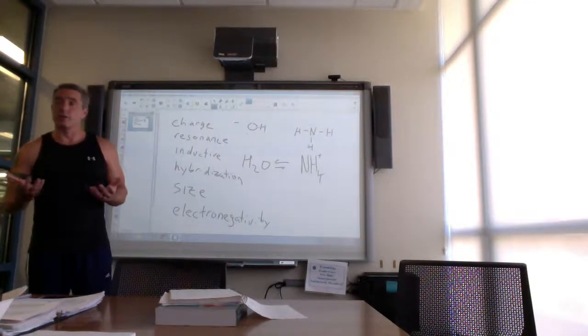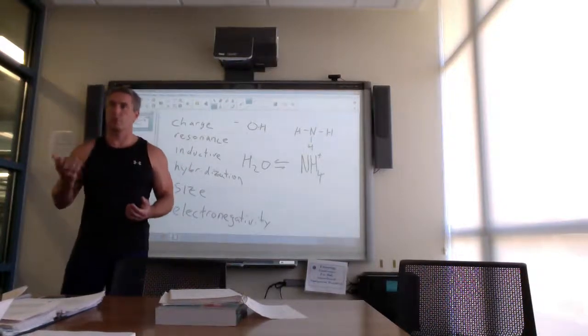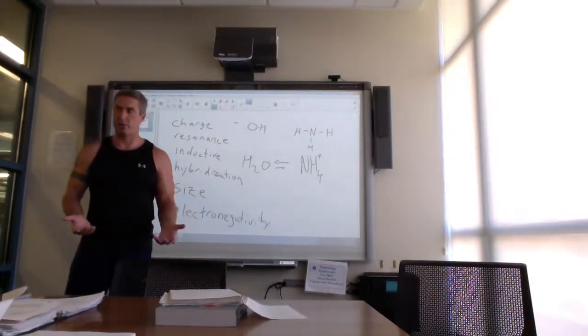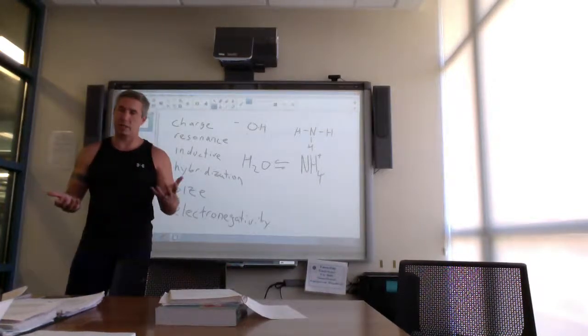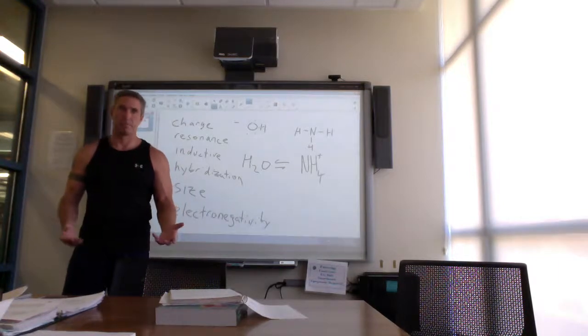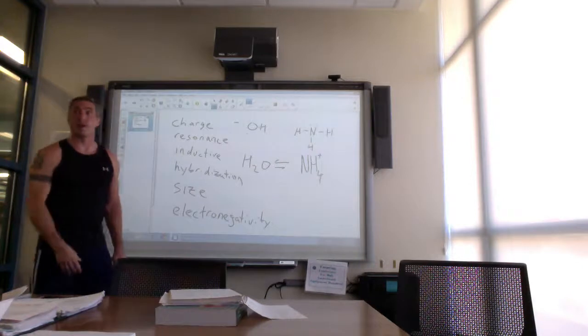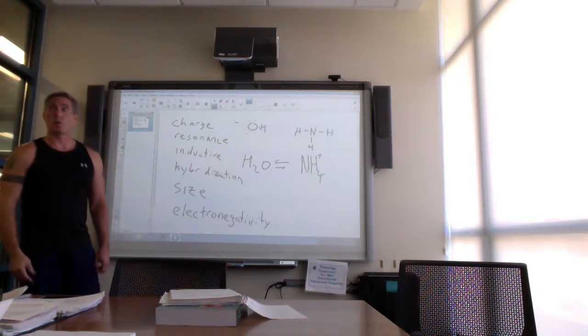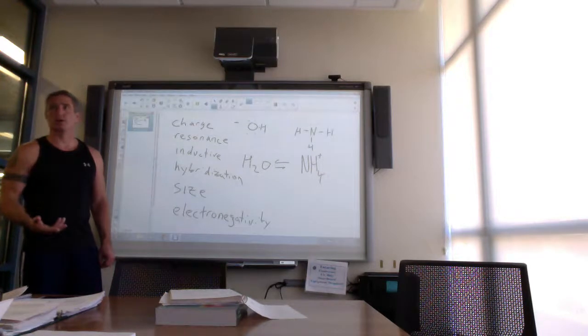The weaker the base, the less reactive; the stronger the base, the more reactive. The weaker the base, the more stable; the stronger the base, the less stable. It's pretty easy to look at these and tell which conjugate base is more stable. That means the acid is stronger.